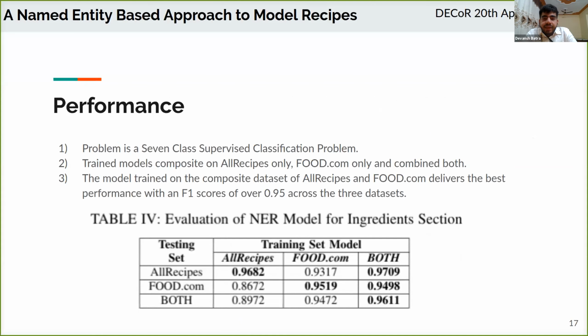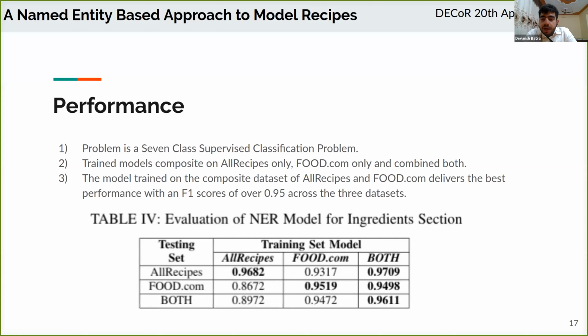This slide basically tells the performance which we found our NER tagger to give. It can be seen that when we mix the AllRecipes and Food.com corpus, AllRecipes has recipes from several different cuisines, whereas Food.com focuses largely on American cuisine.